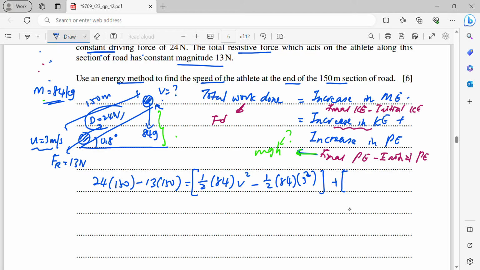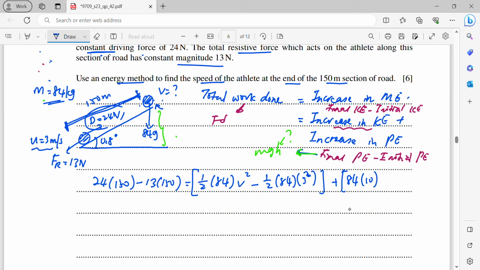Now my formula mgh: m is 84, g is going to be 10, and for the final PE, h means it already reaches here. Remember, this is 150, so I have to resolve this 150 down.